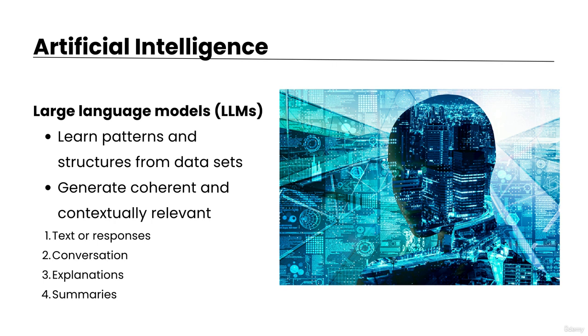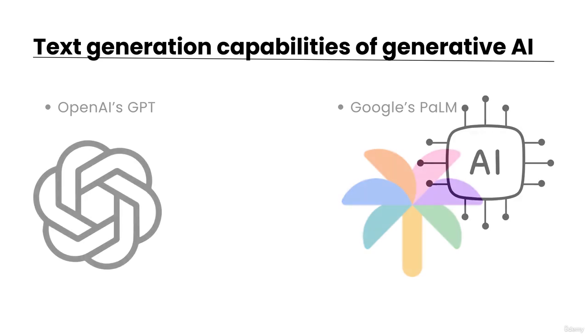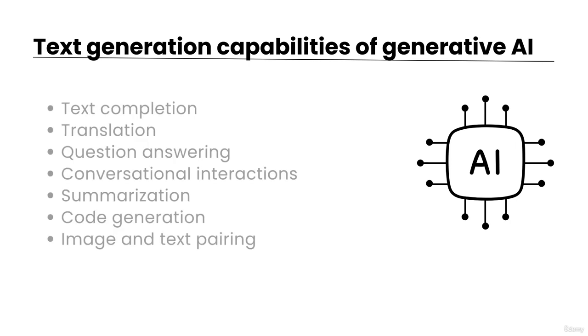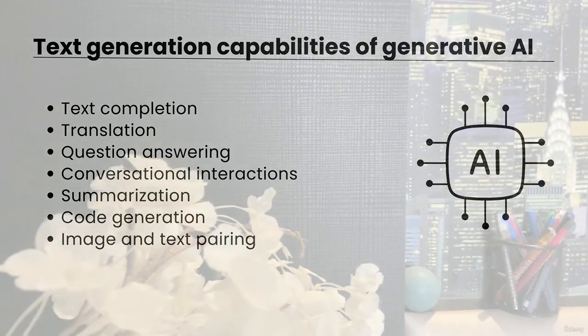These models generate text, provide explanations, summaries, and more. Some popular LLMs are OpenAI's Generative Pre-trained Transformer, or GPT, and Google's Pathways Language Model, or PaLM. These models can perform various language-related tasks such as text completion, summarization, question answering, translation, code generation, and image and text pairing. Conversational interaction with chatbots and virtual assistants is powered by LLMs.